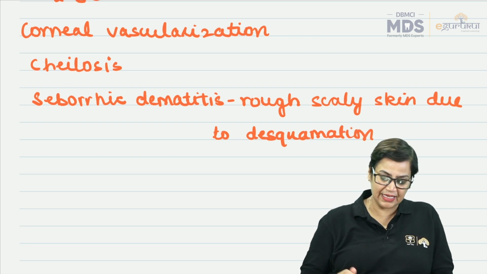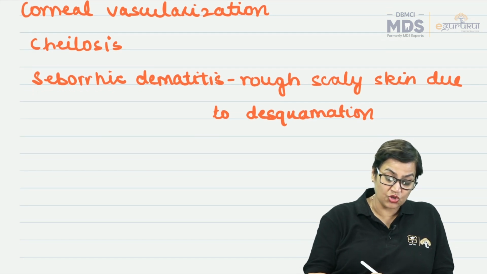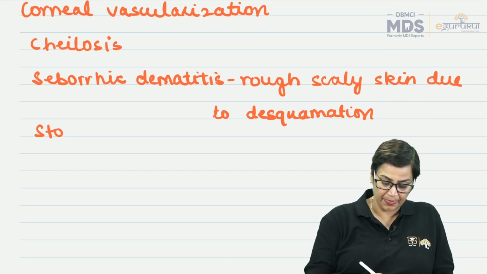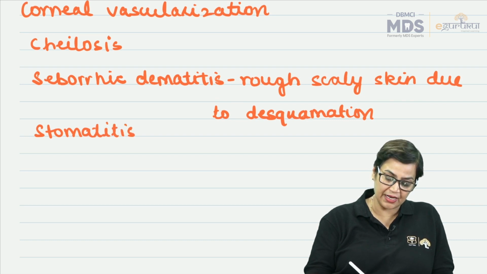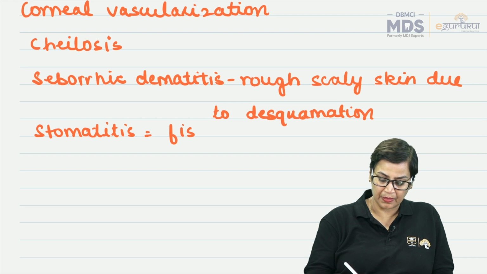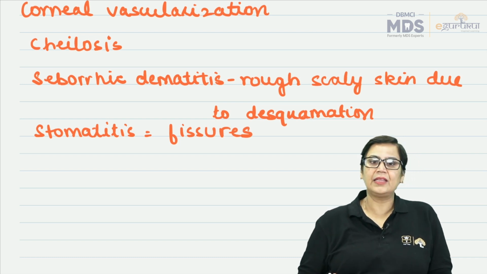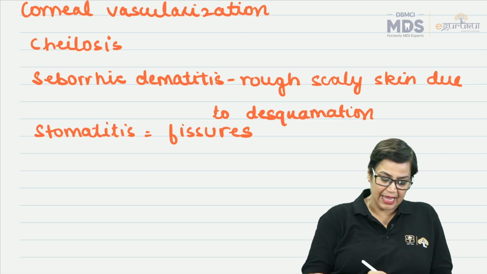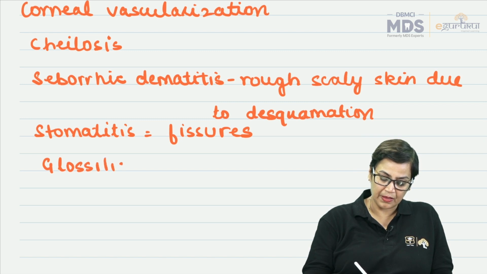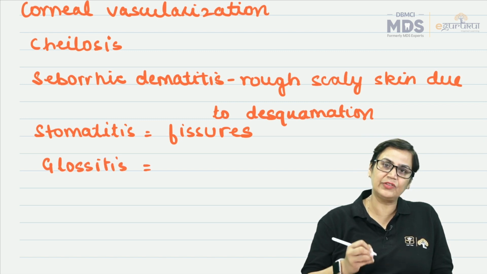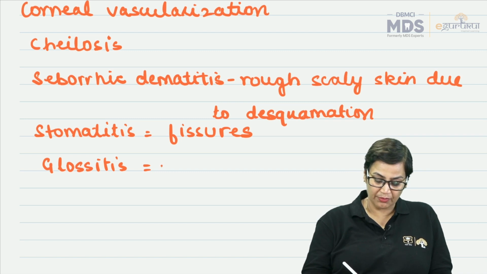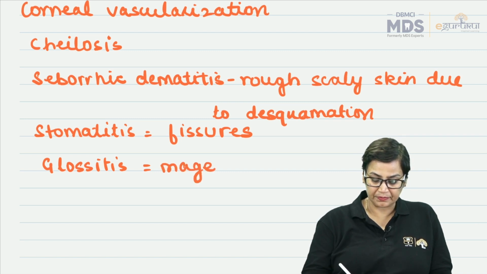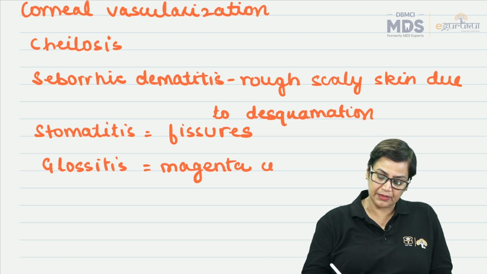Right, 2 C's, then S, and then stomatitis is there. Fissures are there in the mucocutaneous junction, and then glossitis is there. Glossitis is the color of the tongue turns to magenta, a magenta colored tongue.